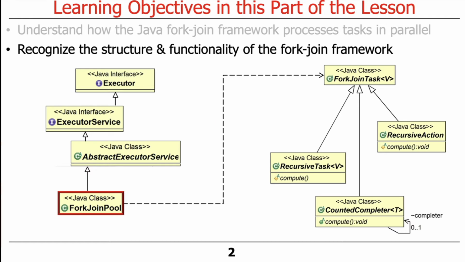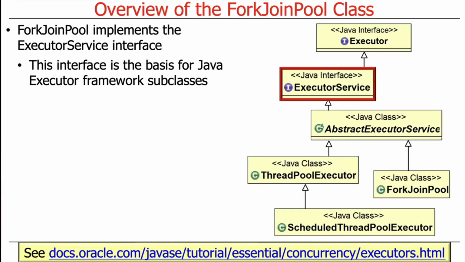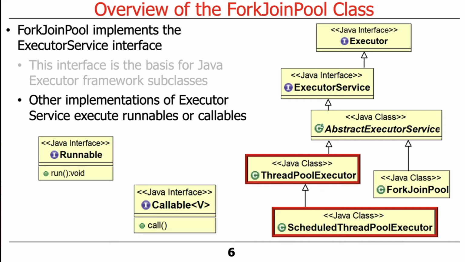indirectly through something called the abstract executor service. And the executor service interface is the basis for a slew of Java executor framework subclasses. So you can see that we have other classes that are implementing this either directly or indirectly.